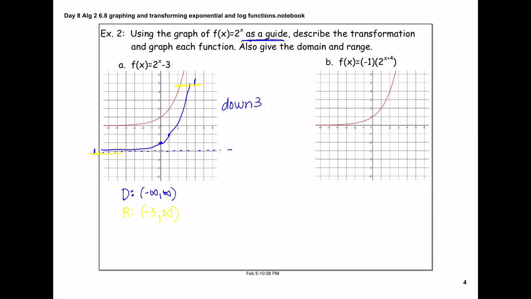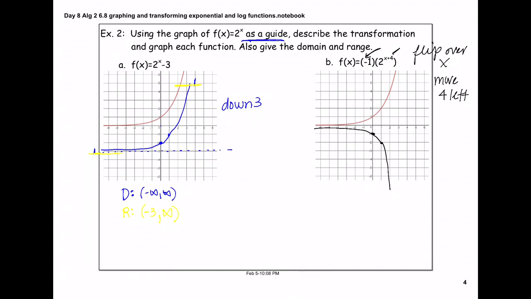Looking at the next example, we have a negative out front, so that's telling us that it's going to flip our graph over. So if we visualize our graph flipped over, we are working with something of this nature. So we can say flip over x, and then this 4 up here is going to move 4 to the left.